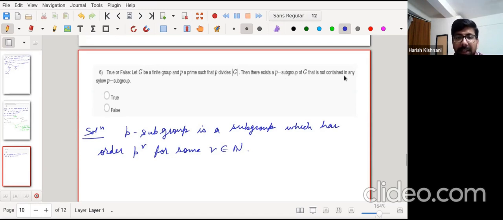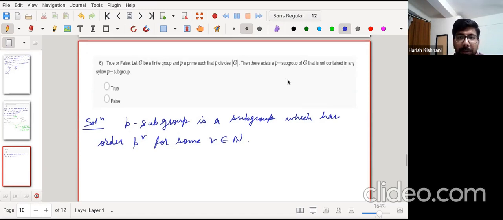Okay, so I'm saying that the statement is false. So what we will prove is that each p-subgroup of G is contained in some Sylow p-subgroup.